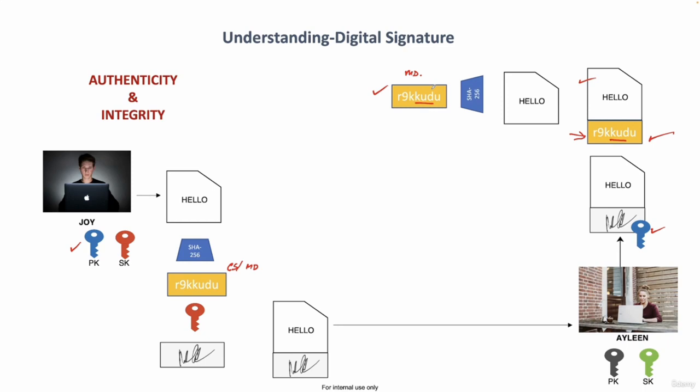It indicates authenticity and integrity. That is, Joy is the right person who is sending me this message, and integrity, because the message hasn't been tampered with, I'm getting the same message digest value that was in the message itself, right? So this is how the whole digital signature works under the hood.